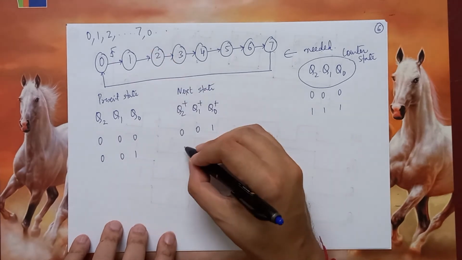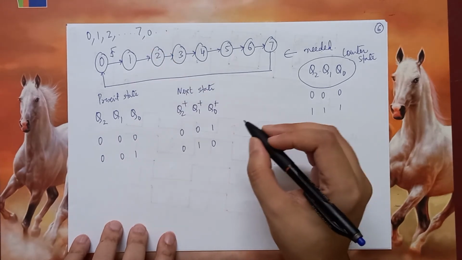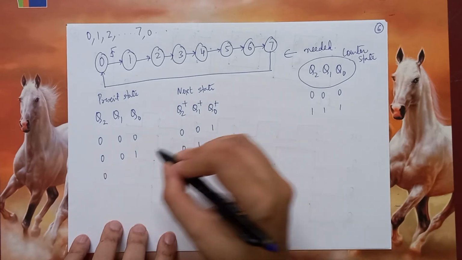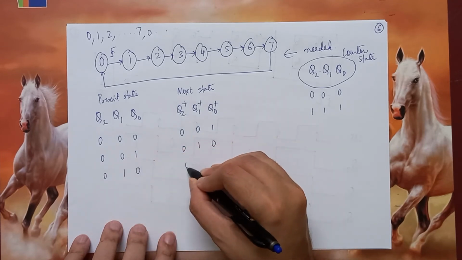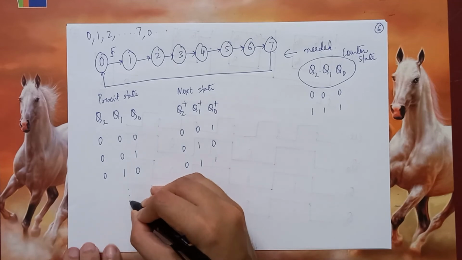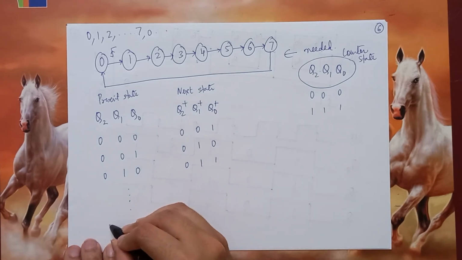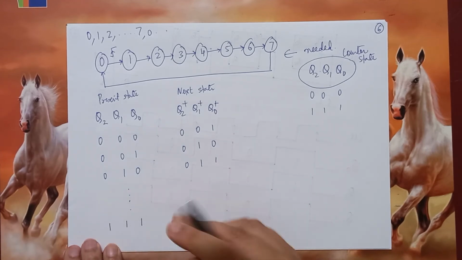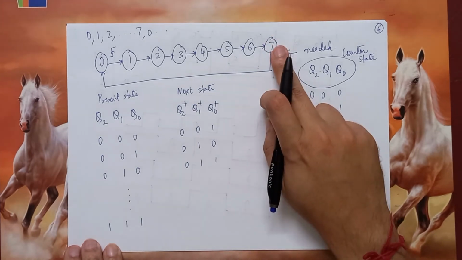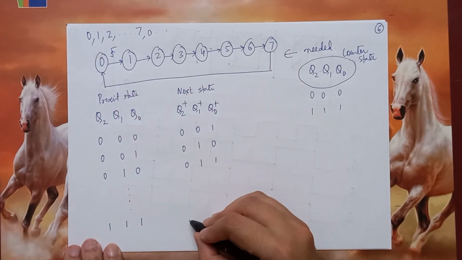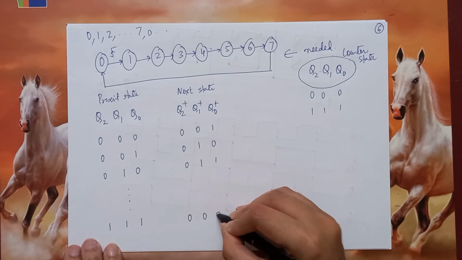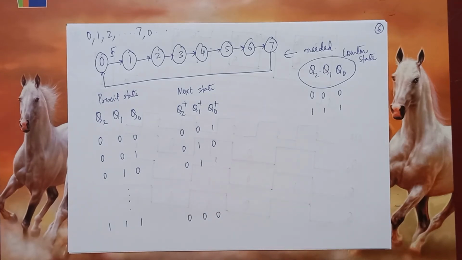It should be 2. That is 0, 1, 0. If the present state is 0, 1, 0, the next state should be 0, 1, 1. Now this is all the way till we get present state is 7. When the present state is 7, next state must be 0. Okay, so this is what we want.